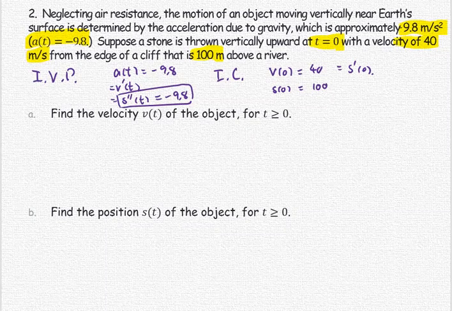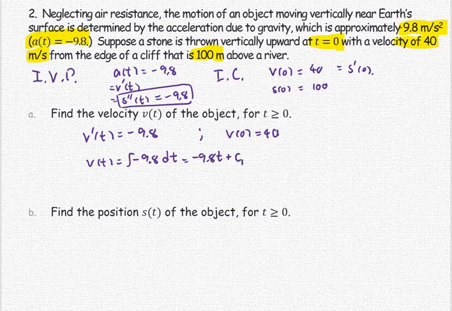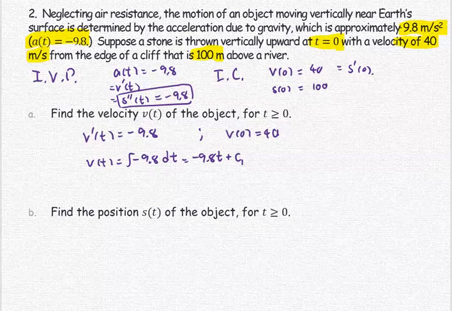We use the differential equation v prime at t equals negative 9.8 with the initial velocity v(0) equals 40. Now we're going to find v(t), which is the antiderivative of negative 9.8 with respect to t, to get negative 9.8 multiplied by t plus c1, the constant from the first round of the antiderivative.